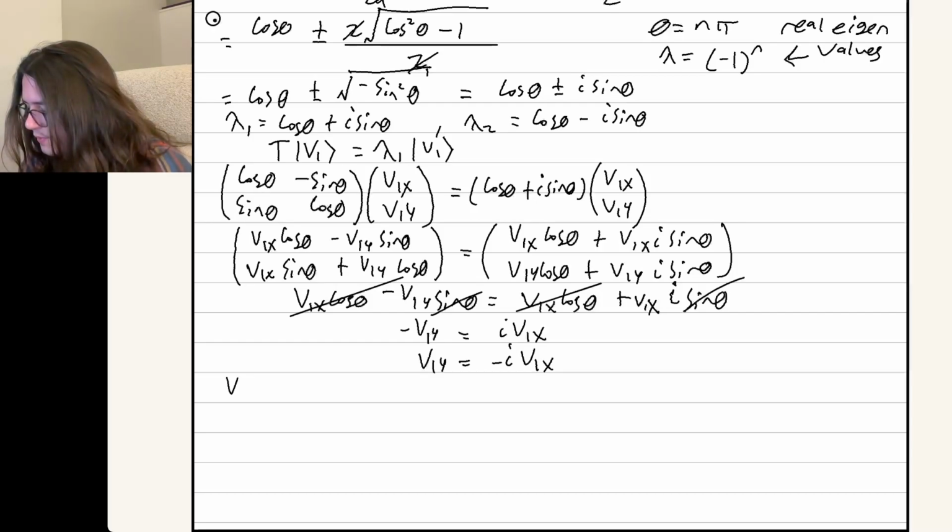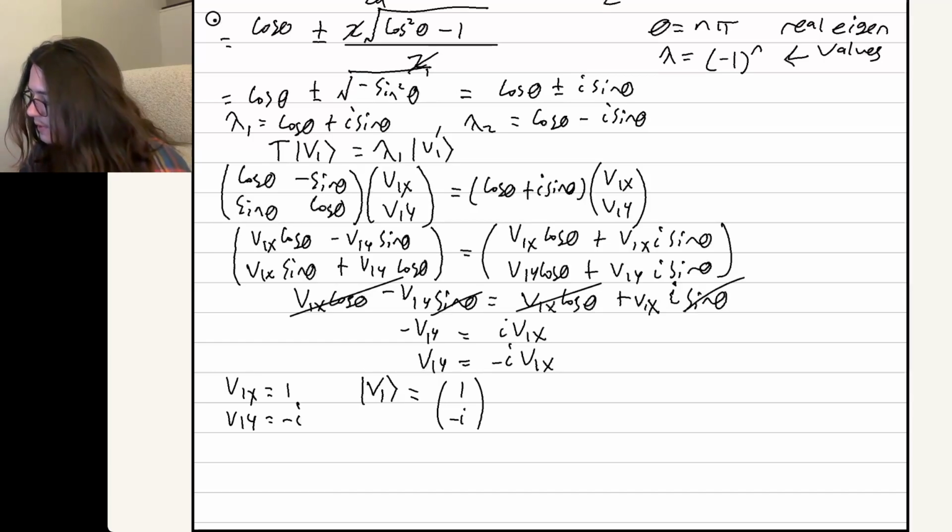So I'm going to set v1x to 1 so that I can set v1y to minus i, and that will give us the unnormalized v1. Right now it's 1, minus i.